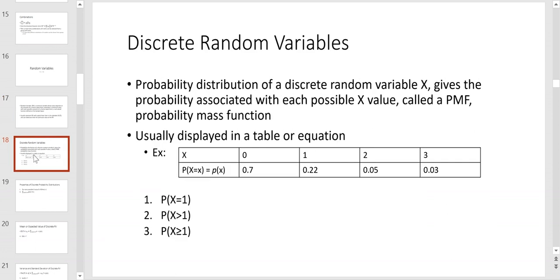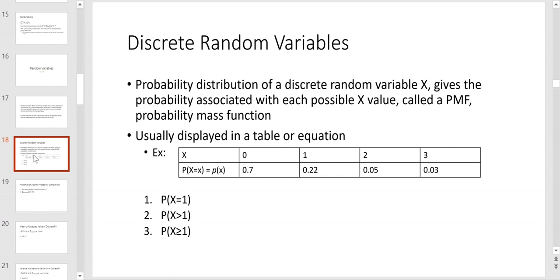All right. I'm going to split the rest of this lecture up into discrete random variables and then continuous random variables. So, discrete random variables. Let's give a little overview. The probability distribution of a discrete random variable, say X, gives the probability associated with each possible X value.